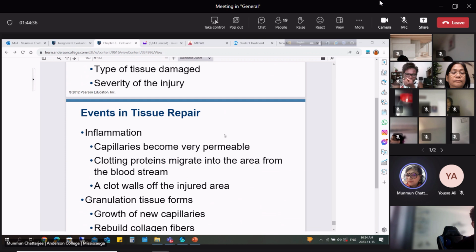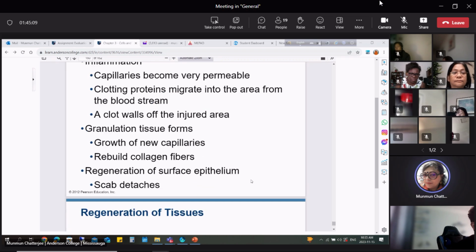If there is a cut or inflammation, that area gets inflamed. From that time, the capillaries become permeable and allow the blood clotting proteins to migrate from the bloodstream to the site of inflammation, and the clot forms framing walls in the injured area.